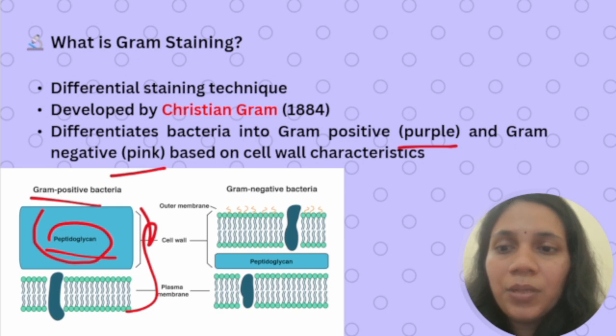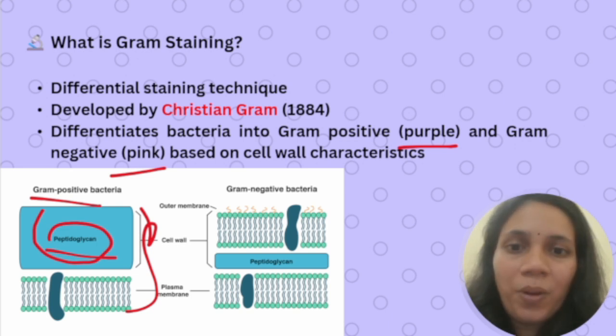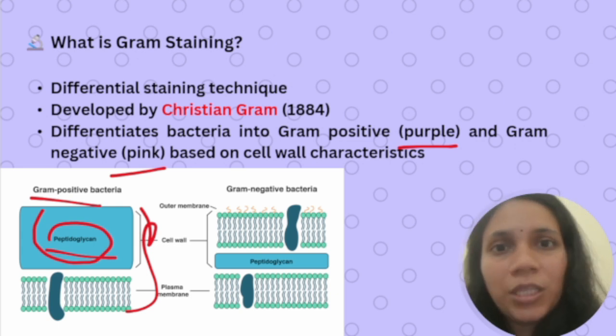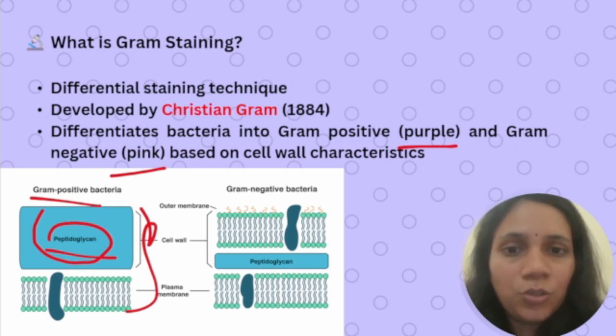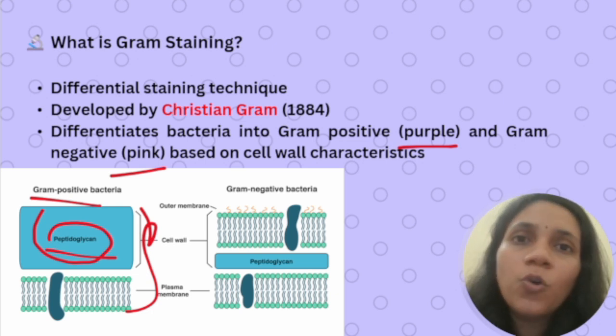The next step is the formation of the complex between the crystal violet, the primary stain, and the mordant, Gram's iodine. This is followed by the next step, decolorization.